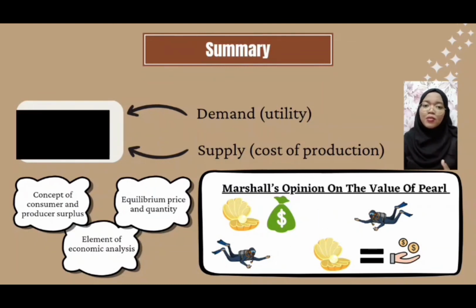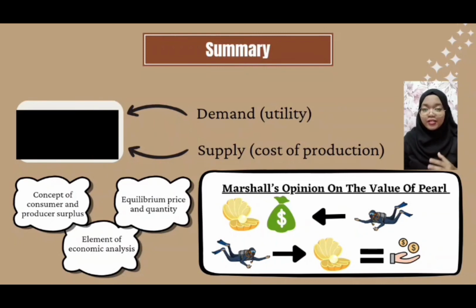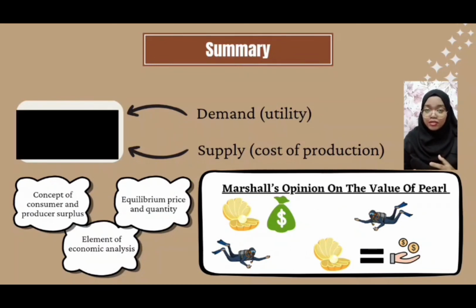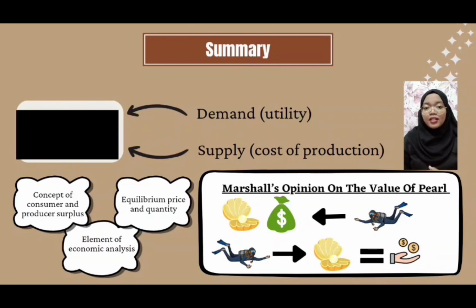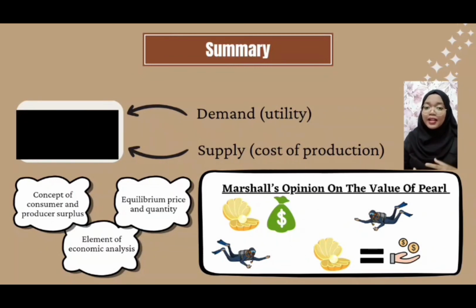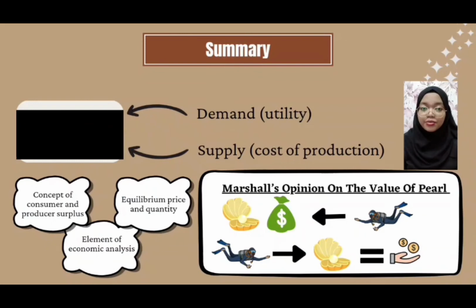And for his opinion on the statement, do pearls have value because people need to die for them, or do people die for pearls because pearls have value? He says that both statements are correct. Pearls have value because people need to die for them, cost of production, and people die for pearls because pearls have value, buyers get utility.